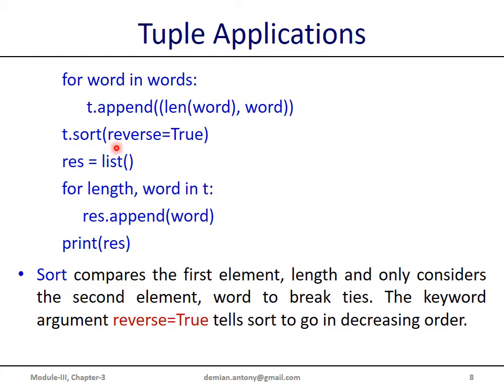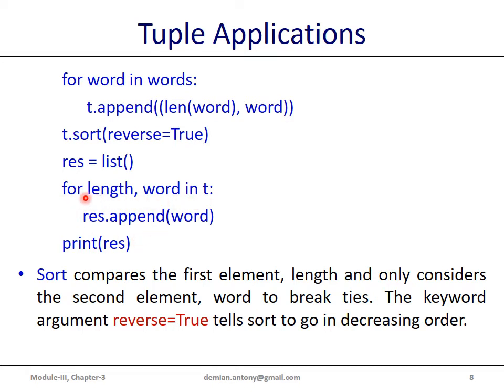Once this is sorted, what I have to do is print the words. I have to create one more empty list, called result, res, and I need to put all these words, which are sorted in descending order of length, into this new list called result.